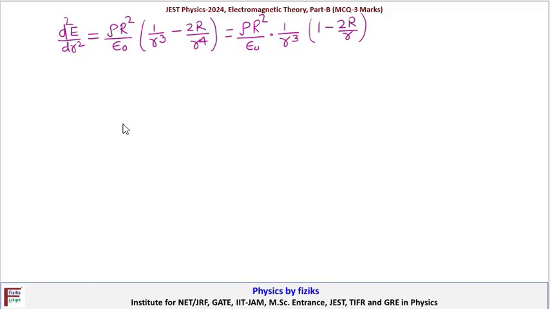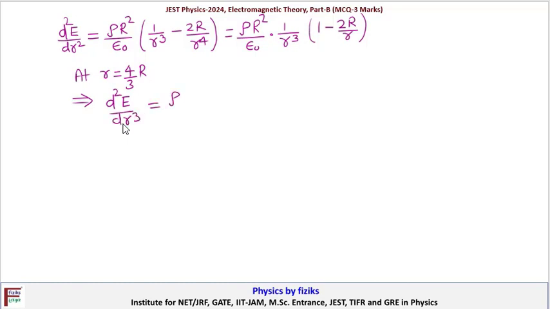And now we have to check this value at r equal to 4 by 3 R. So this will give you d2E by dr2.